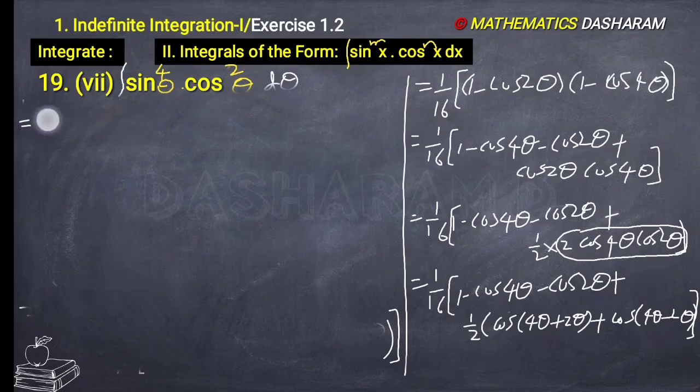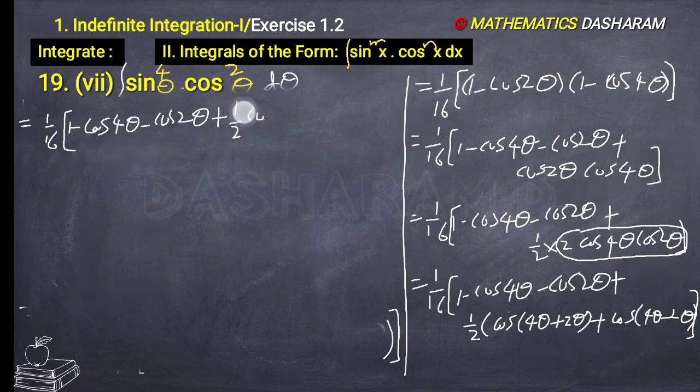So it is equal to 1/16 bracket of 1 minus cos 4 theta minus cos 2 theta plus here 1/2 bracket of cos 4 theta plus 2 theta, cos 6 theta, plus cos 4 theta minus 2 theta, cos 2 theta.